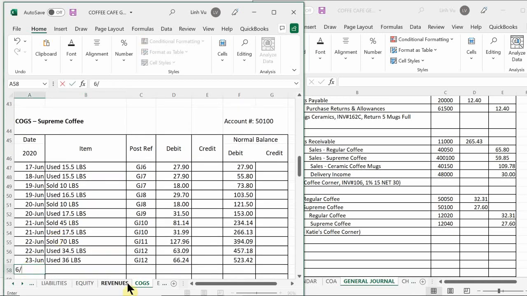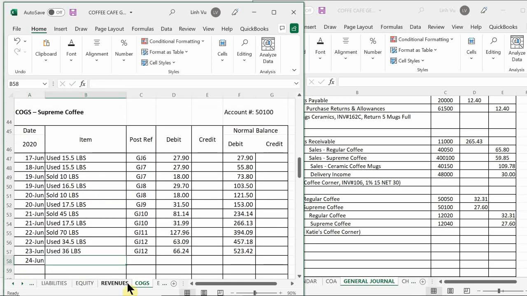Supreme Coffee, sold 15, for $27.60. Ending balance is $551.02. Good.